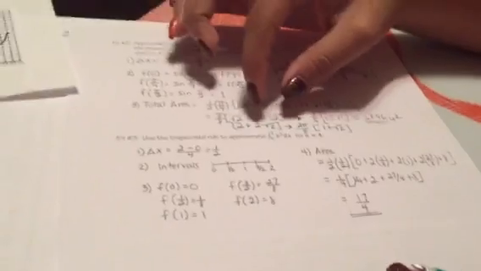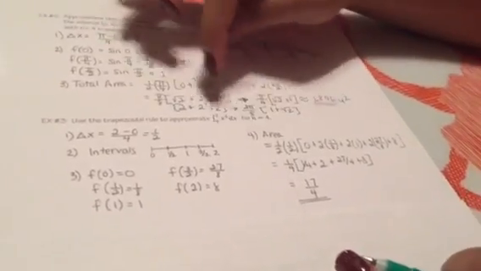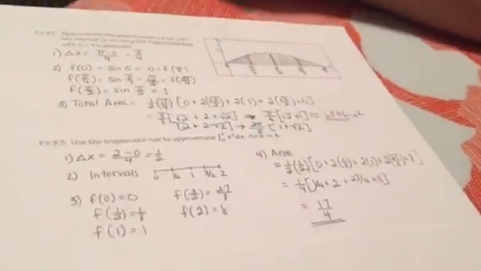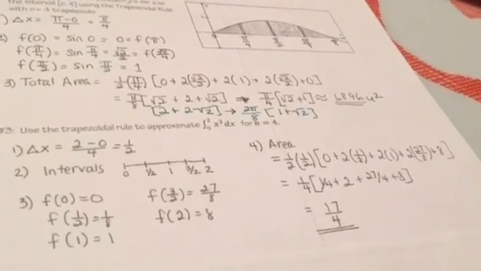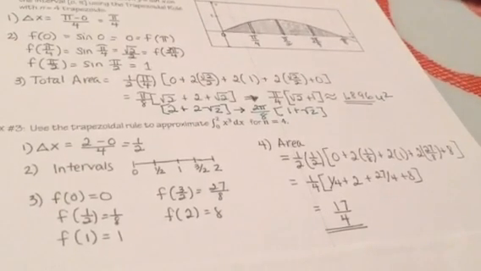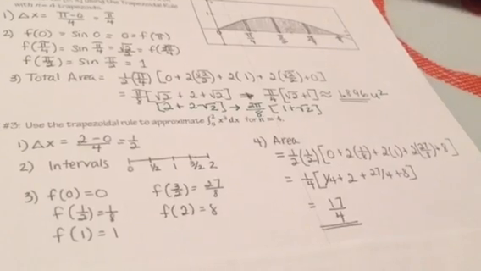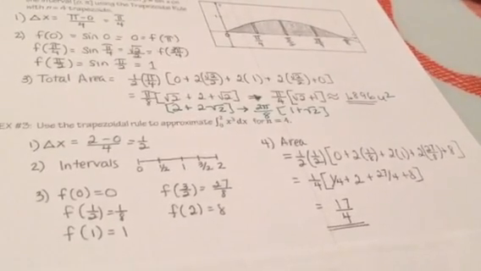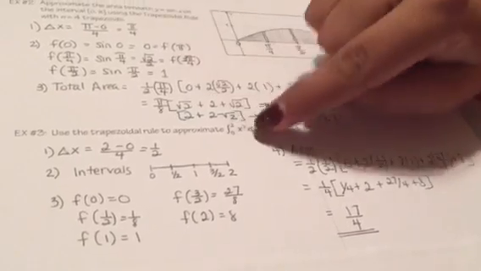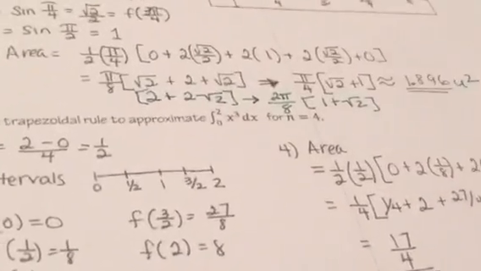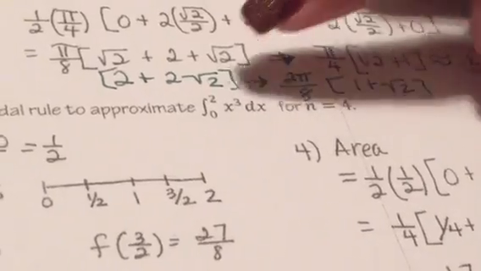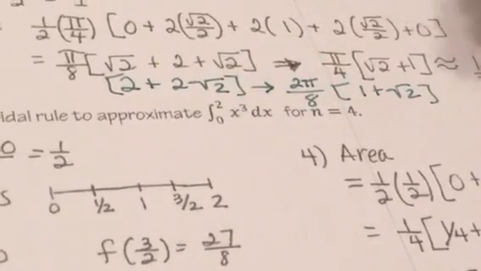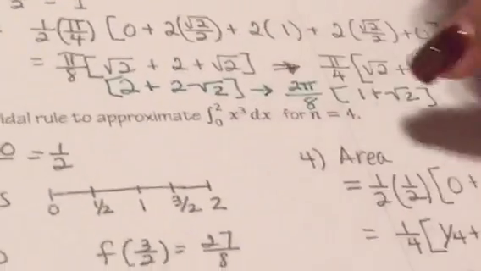Let's look at another example. Use the trapezoidal rule to approximate the integral from 0 to 2 of x cubed for n equal to 4. Here they didn't give us a graph to draw out, but as it was said in another video, you really don't need to draw out the function. You really only need the boundaries and the subintervals. So we find our height first: 2 minus 0 divided by 4, which gives us half.